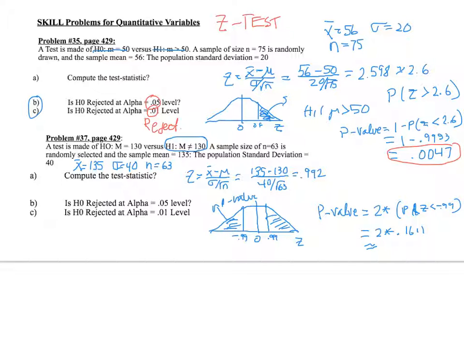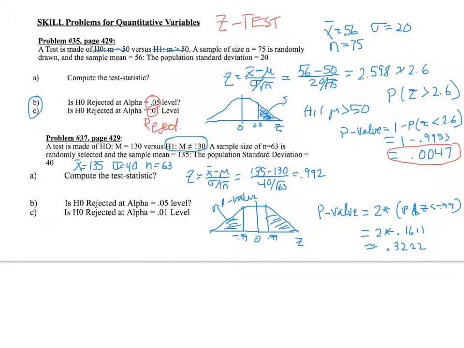When we double it, we get 0.3222. When we put these ideas into the calculator, we get a close p-value of 0.322. And we also get a close value of z, but of course there's rounding error when I do it by hand.